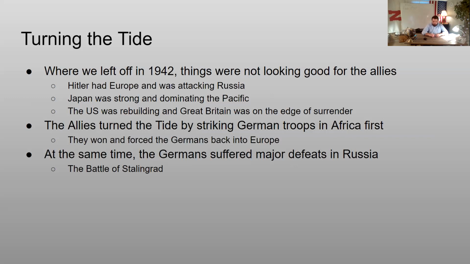Because after the United States rebuilds and gets ready to go, the Allies start mounting an attack against the Axis powers. And the first way that they do this is they decide to attack German troops in Africa first.